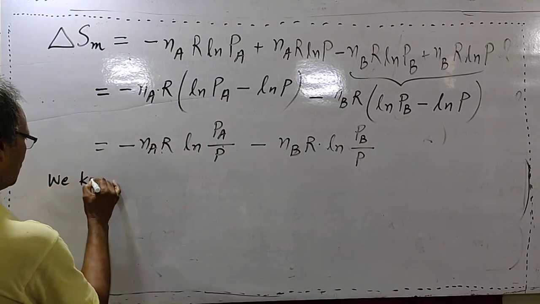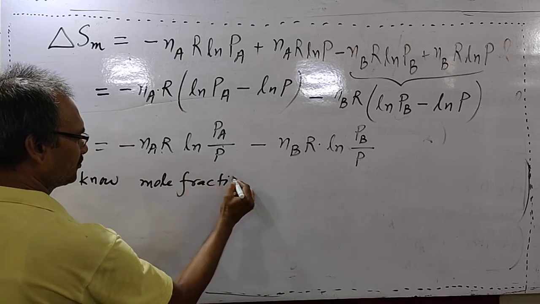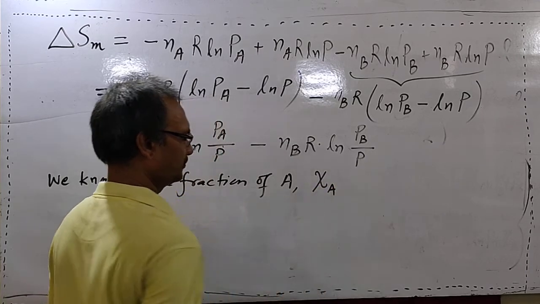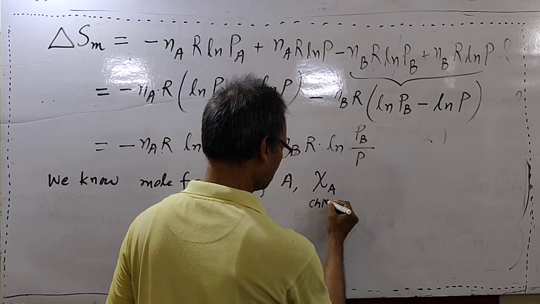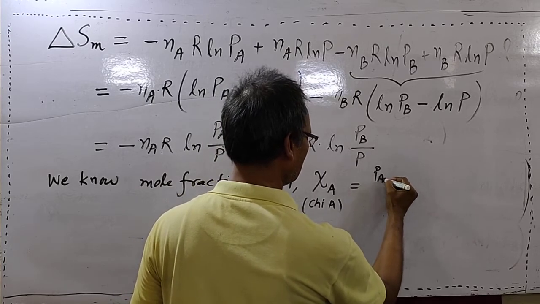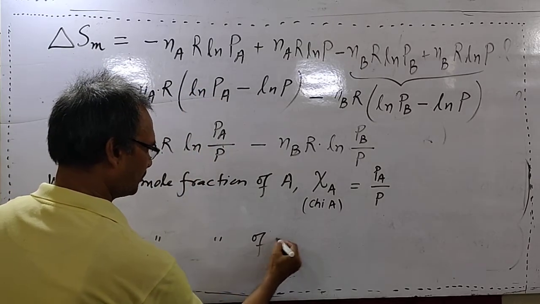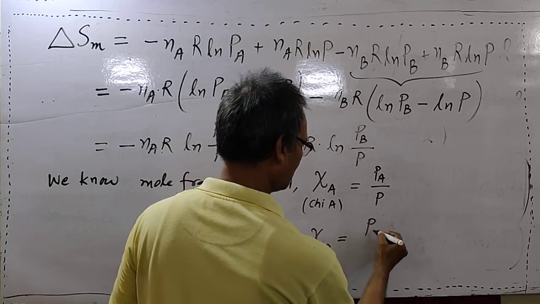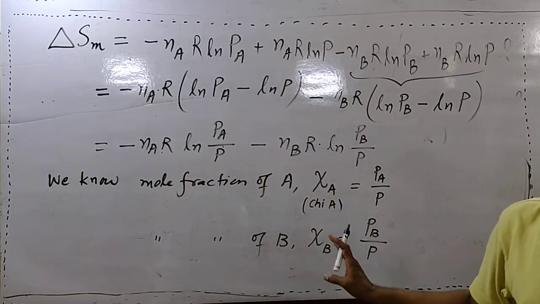Mole fraction of A is denoted by the symbol chi A. Chi A is equal to PA divided by P, and mole fraction of B, denoted by chi B, is equal to PB divided by P, partial pressure of B divided by total pressure.